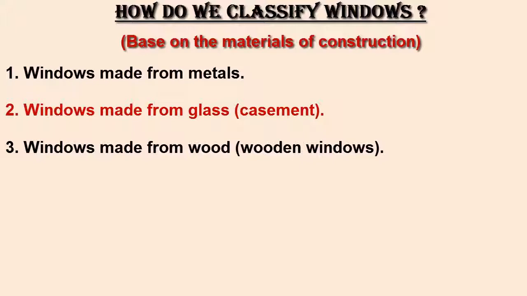They can also have a different kind of wooden window designed in the form of casement, but it is not glass, it is purely wood. There are different designs you can find in wooden windows.